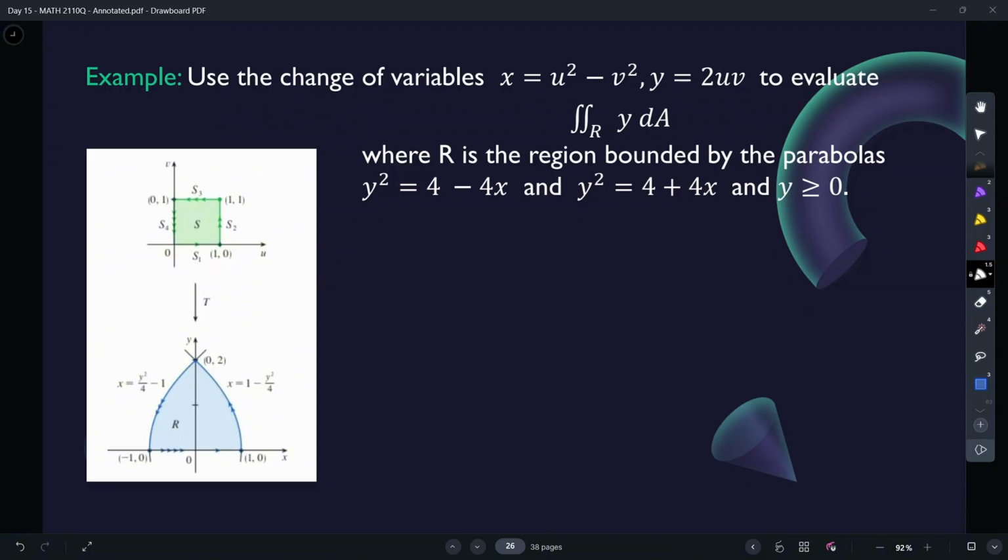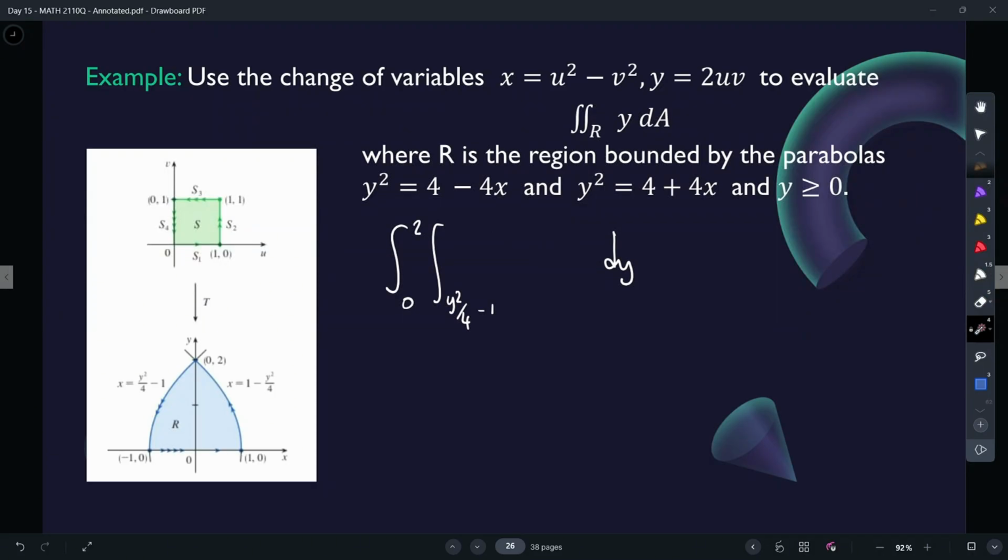So let me first set up this integral in this region, and then we're going to transform it to this region. In Cartesian coordinates, we already said that I would rather move in y first, from 0 to 2 dy, and then in x from y squared over 4 minus 1 to, what was it?